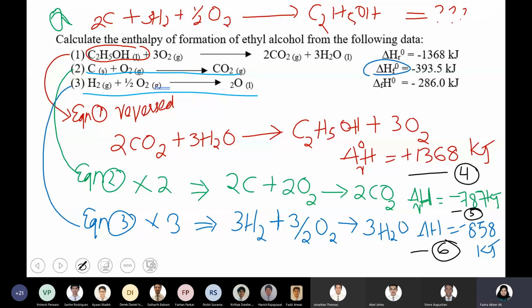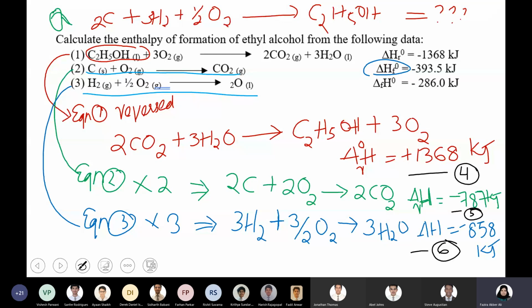Are you all getting it? There is no space here, so if you want, I'll show it in the next slide. You don't have to do anything extra. You have to just add equations 4, 5 and 6 together. Write all the reactants on one side and all the products on the other side.